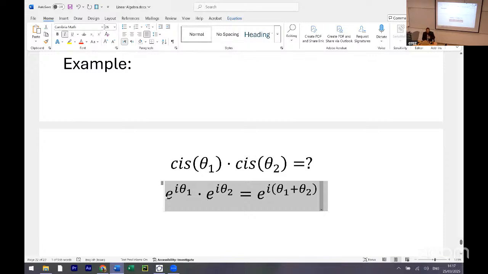But do you actually believe that e to the power of i theta is cosine theta plus i sine theta? It is true, to be honest, but you don't know why, right? So in a certain sense, it is a good notation because it gives you this law which is actually true, but it feels like cheating, right?